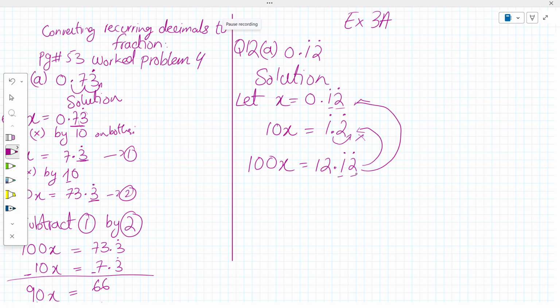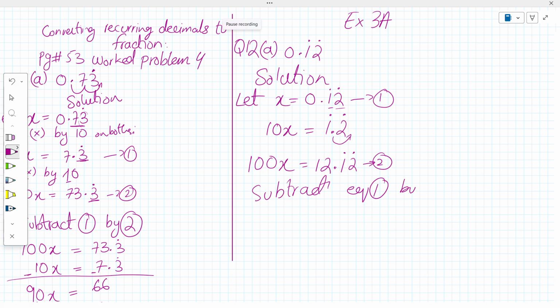So my equation number 1 is this value, and this is equation number 2. Now the same statement as before: subtract equation number 1 from 2.